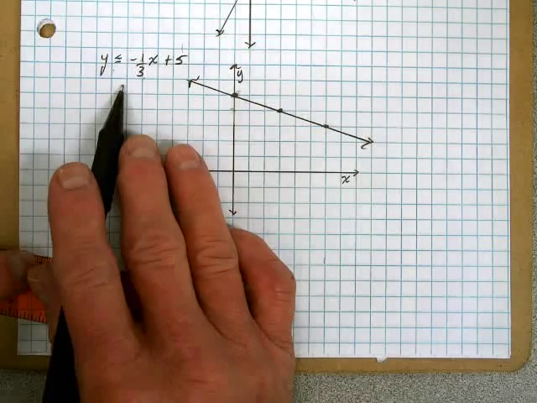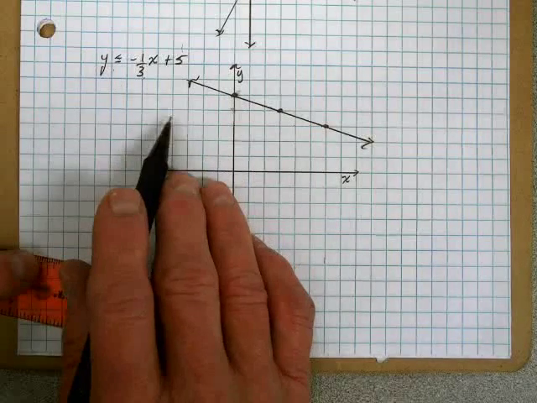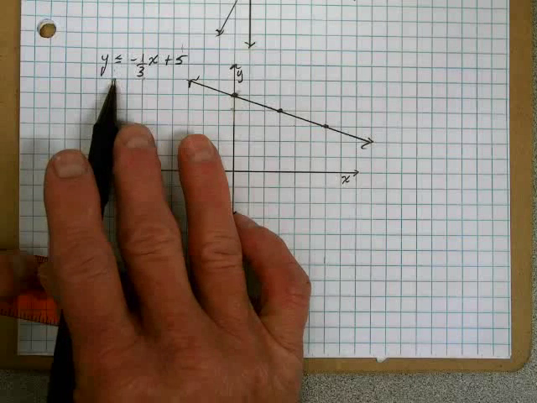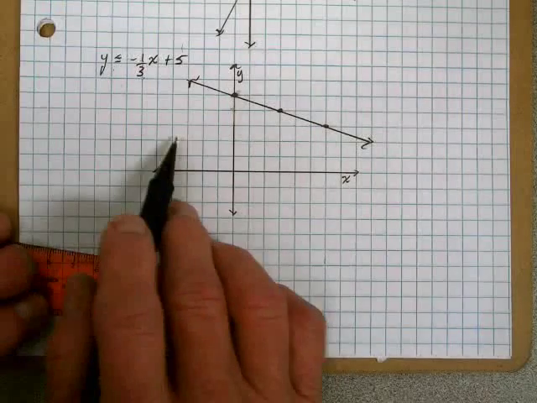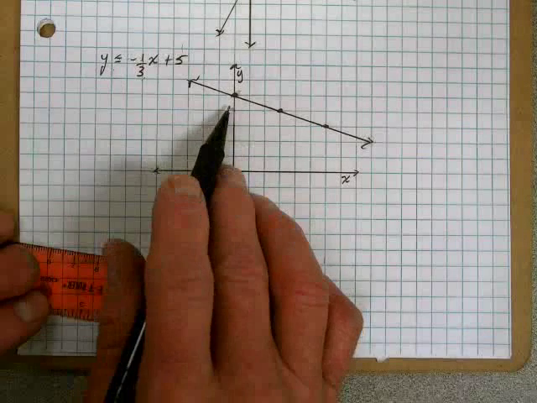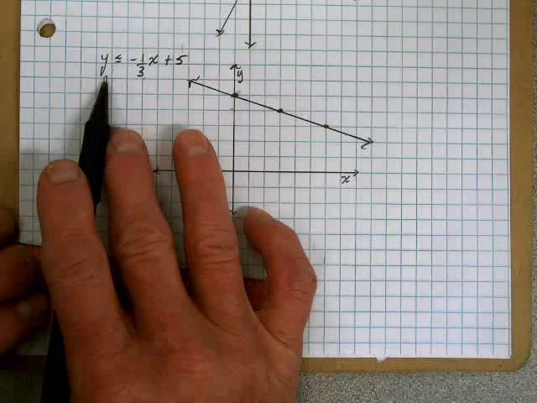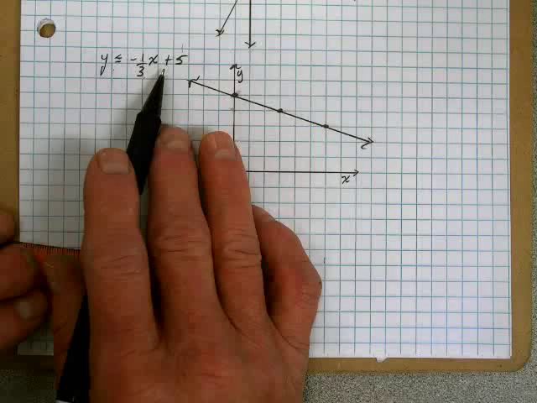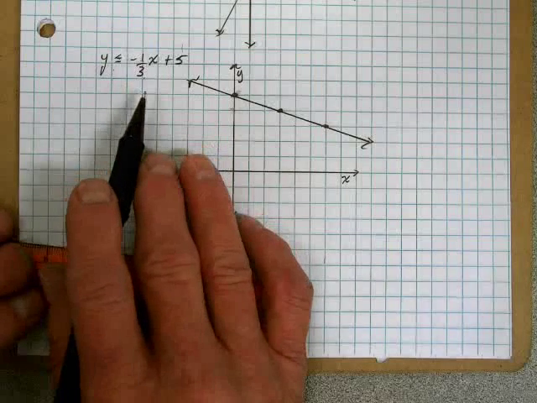So when we plot an inequality, we're not graphing just the line, we're identifying which half plane makes this inequality true. What I suggest we do is we use a point on one side of this line or the other to substitute into variables y and x in our original inequality and see if we get a true statement.